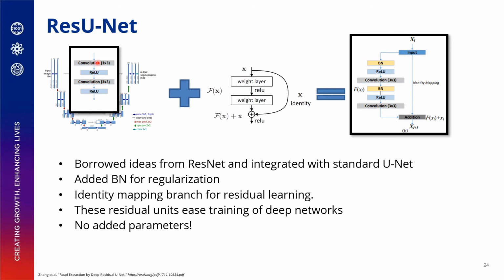So instead of having a conv ReLU, now we had batch normalization, ReLU, convolution, batch normalization, ReLU, convolution as your main block. Along with the ResNet idea, we had this identity mapping as well to get the output for each layer. This not only significantly improved the results, it also eased the training of these very deep U-Net networks.